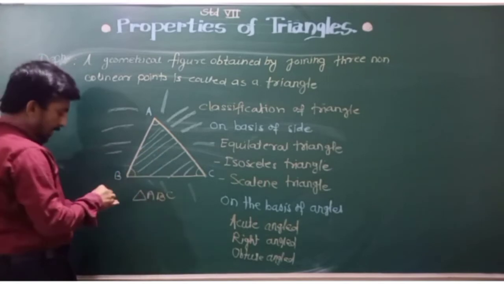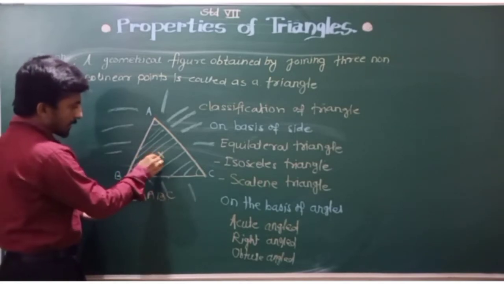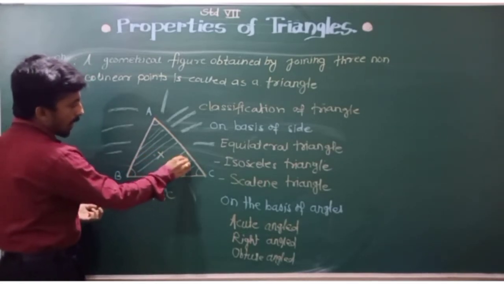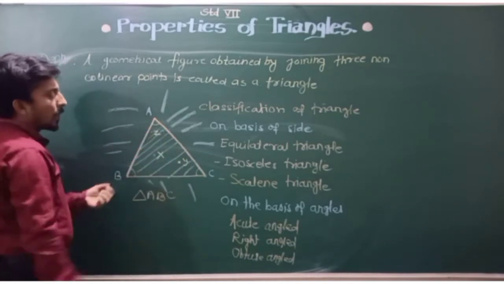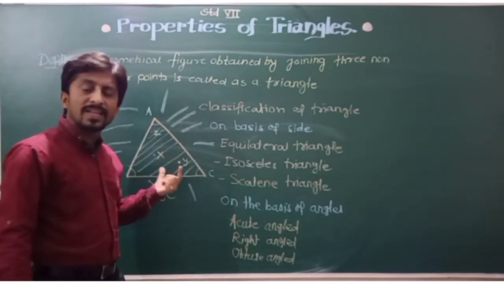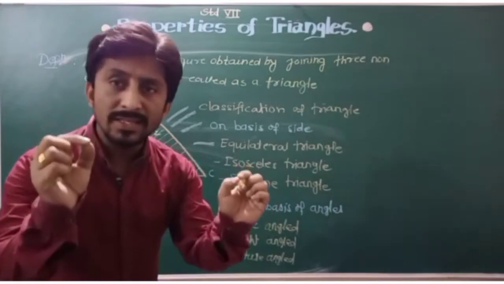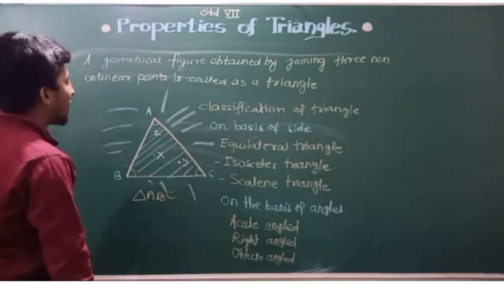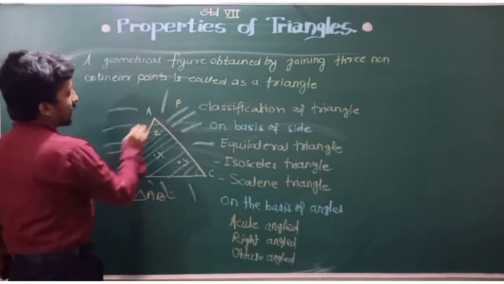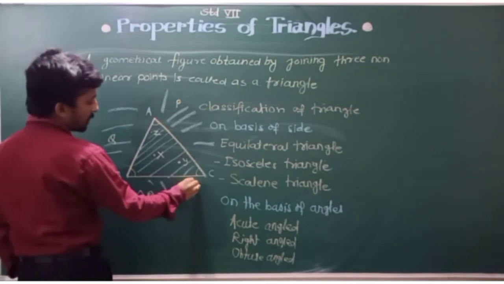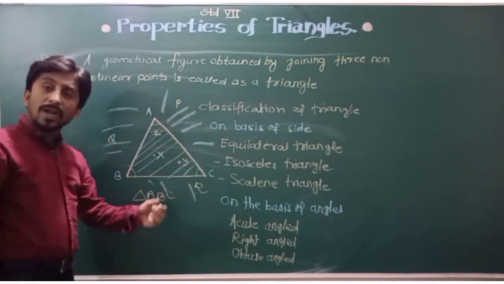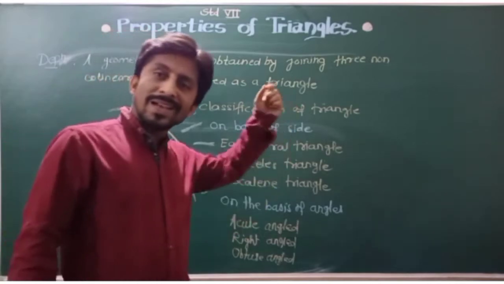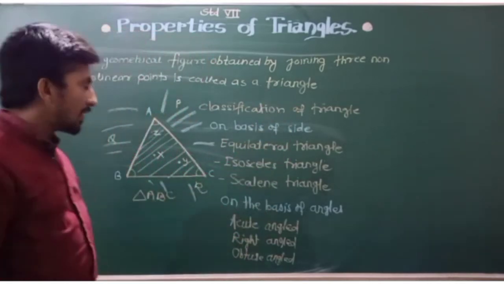Suppose I write here points X, Y and Z. So these 3 points X, Y, Z lie in the interior of the triangle. If I write like this, P, Q, R, these points P, Q, R lie in the exterior of the triangle.